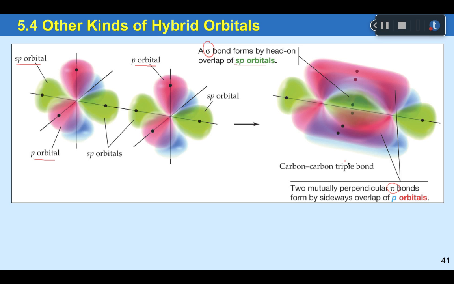And so that gives you a total of 3 bonds. So the sigma bond in this case is the first bond, and then there are 2 pi bonds for a total of 3 in this particular compound. So a carbon-carbon triple bond is going to include an sp hybrid and two sp hybrid in the sigma bond, and 2 p orbitals overlapping in pi bonds.